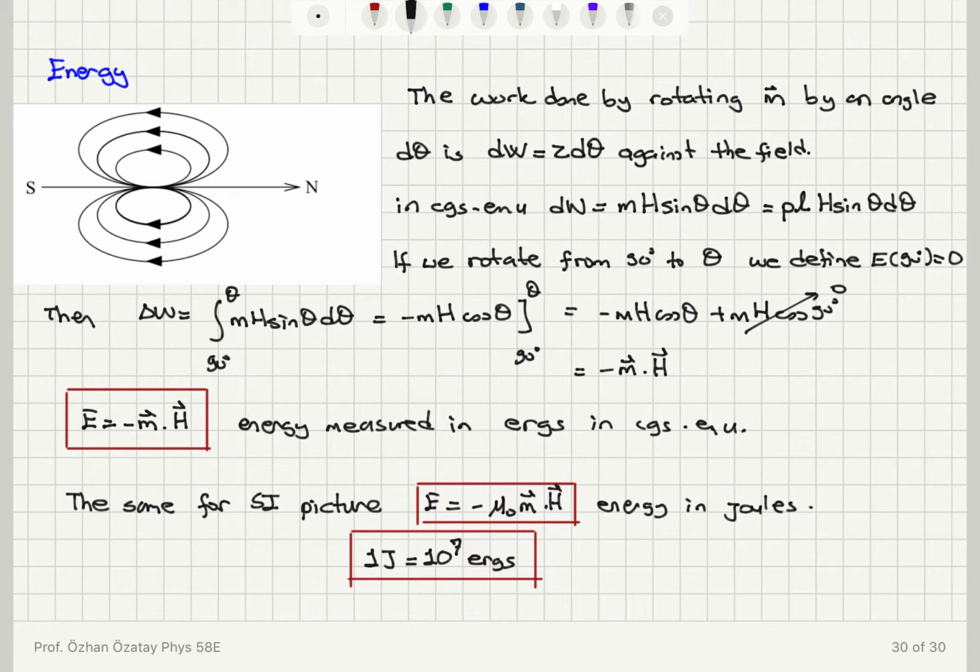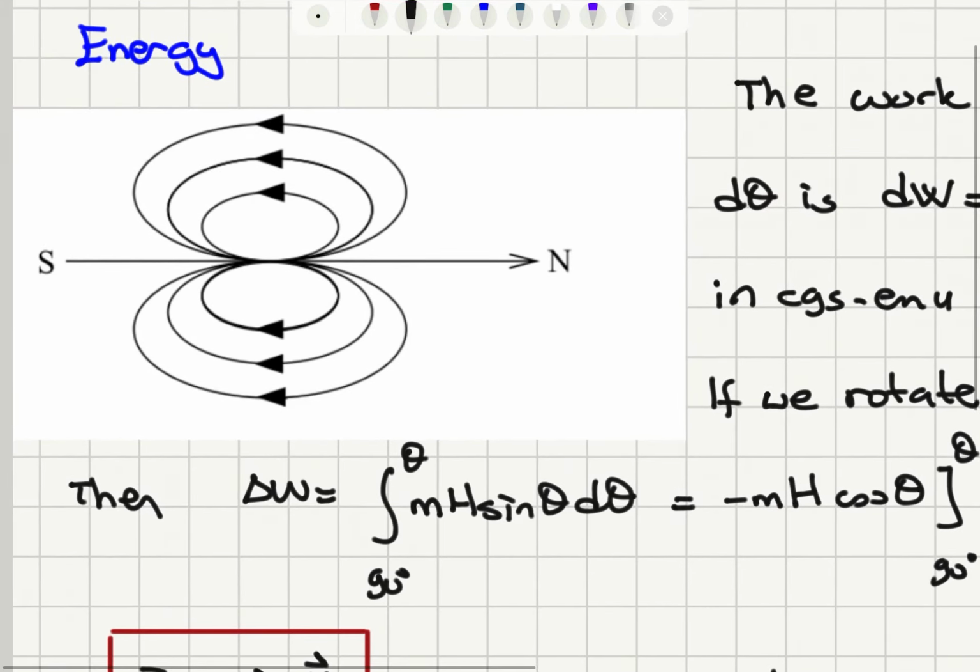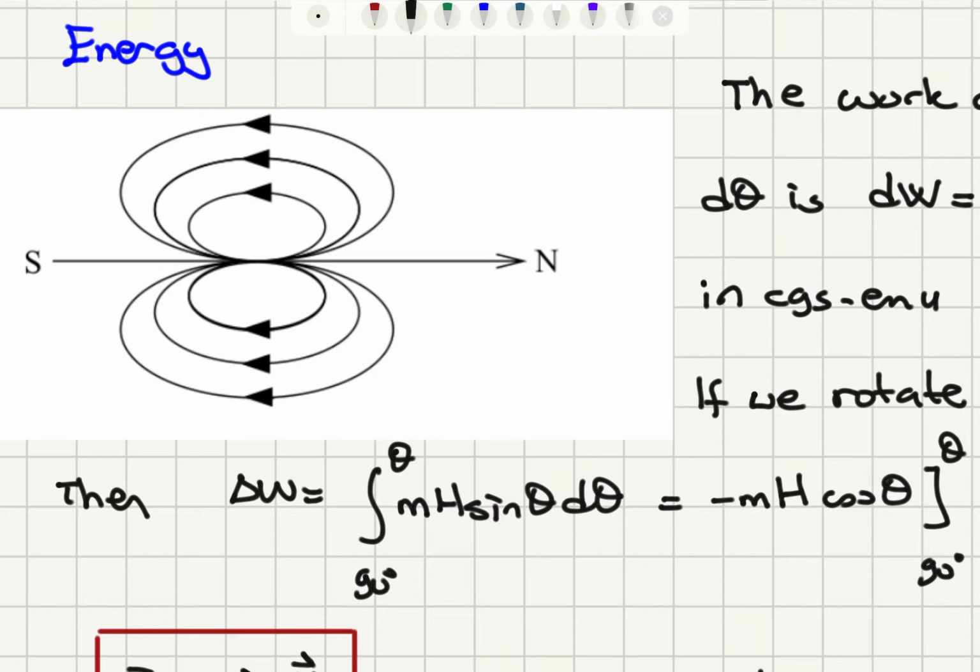Okay, so when we say magnetic dipole moment, strictly speaking, it is defined in the small length limit. So when you have a bar magnet, you need to talk about a small distance between the north and south pole, and this basically is the strict definition of magnetic dipole moment.